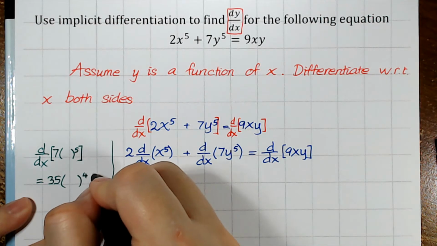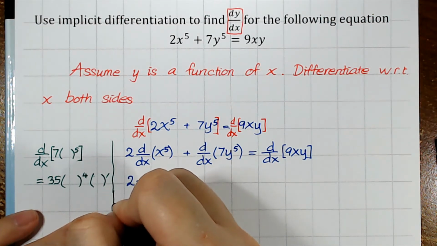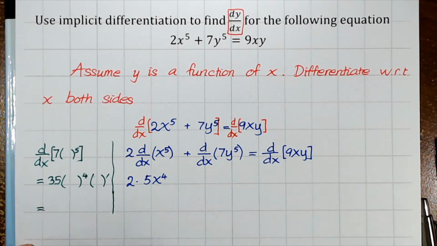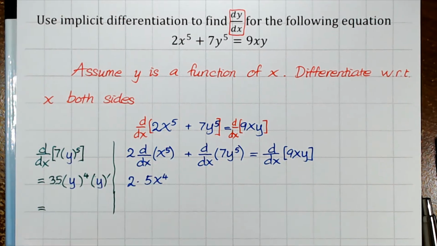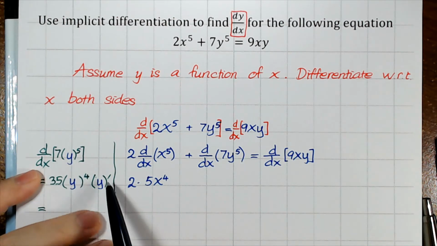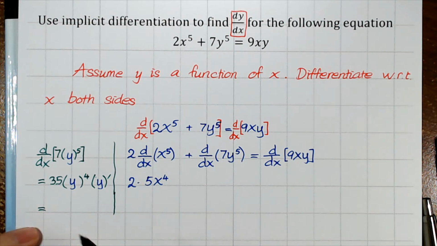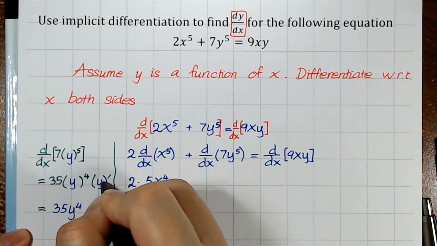And then we have the derivative of the parentheses. So we do that if we have y inside the parentheses. So that's what we have. Remember, y is a function of x, so by chain rule we have to have this part. And finally we have 35y to the fourth power, derivative of y.